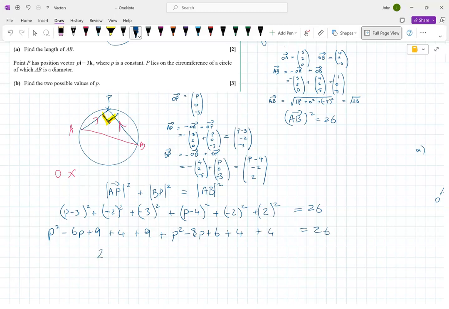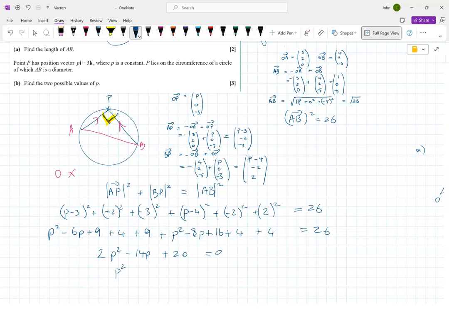Rearranging, taking 26 over to the other side, you get 2p squared minus 14p, and the constants sum to 46 take away 26, which is 20. I rushed and the numbers didn't work out at first, but that's right. So 2p squared minus 14p plus 20 equals 0.